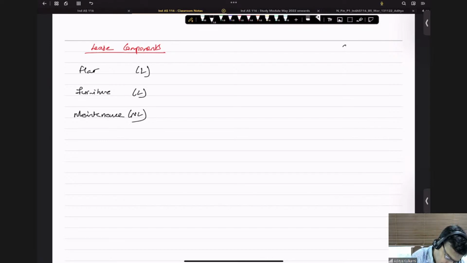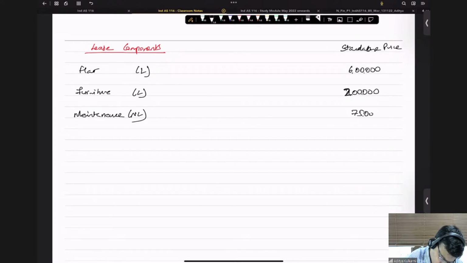Now, the standalone prices are 6 lakhs, 2 lakhs, and 75,000.